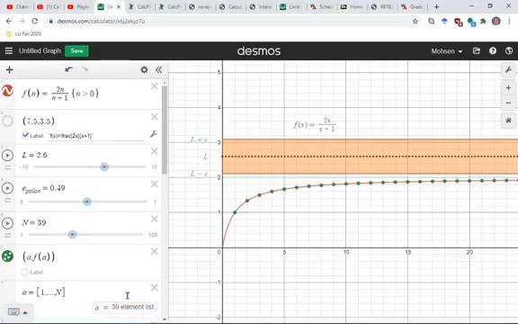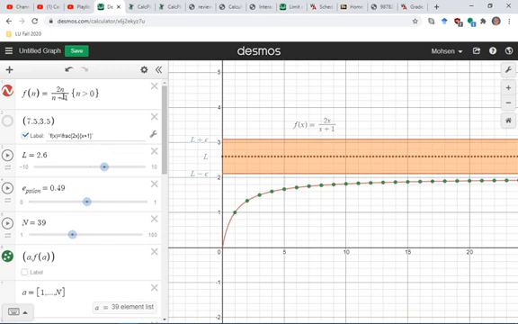We have seen this thing before. Suppose I look at the sequence, say 2n over n plus 1. These green dots that you see here are values of this thing for different values of n. For example, when n is 1, the first value becomes 2 times 1 over 1 plus 1, which is just 1.